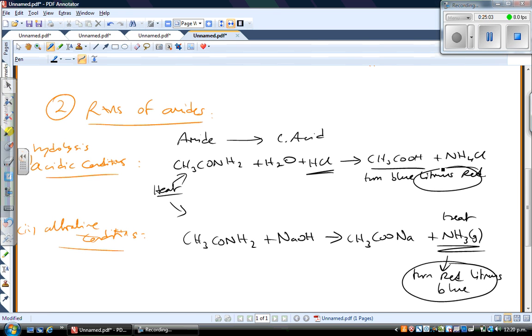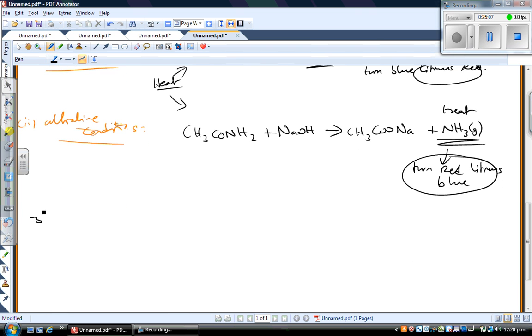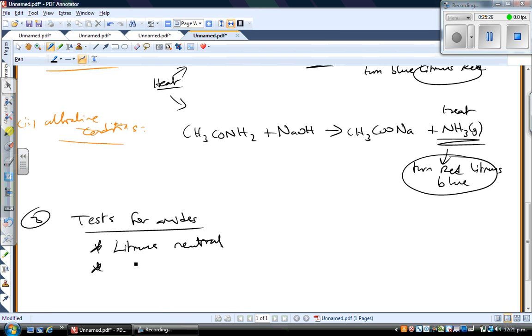So that's everything you really need to know for amides. Now a synopsis of the tests for amides. Amides themselves are litmus neutral, so they don't turn red litmus blue like amines would. Amides had no real discernible odor. Ethanamide is solid at room temperature and pressure.